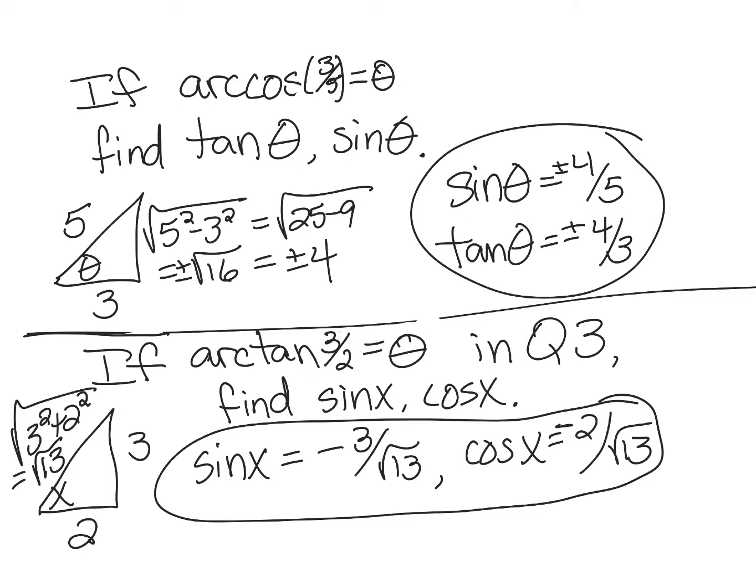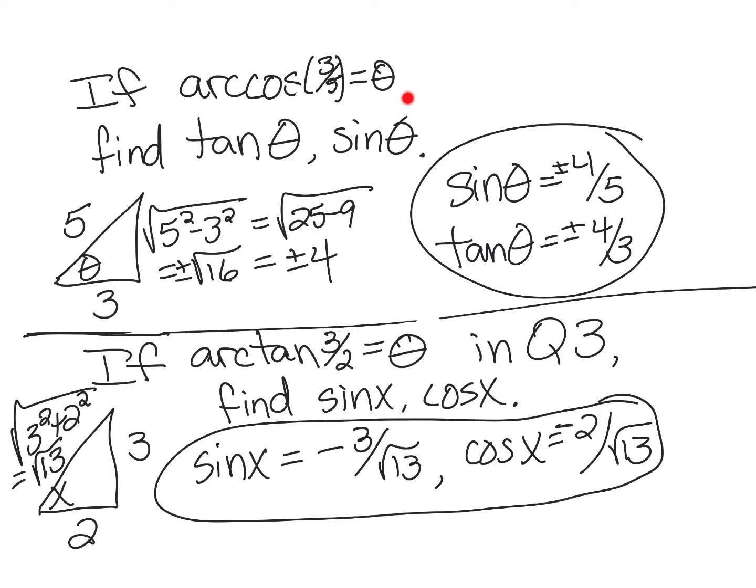All right, that's one way that I can get that cosine value. So what I have to do to find the tangent and the sine is get the opposite side. So hypotenuse squared minus adjacent squared, take the square root. This is 25 minus 9 gives me 16.